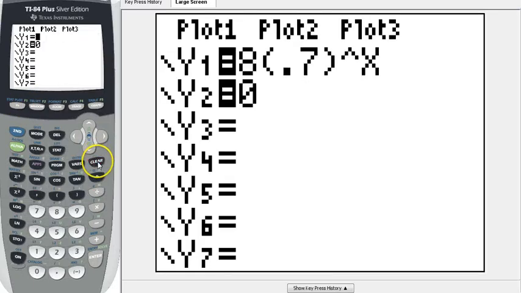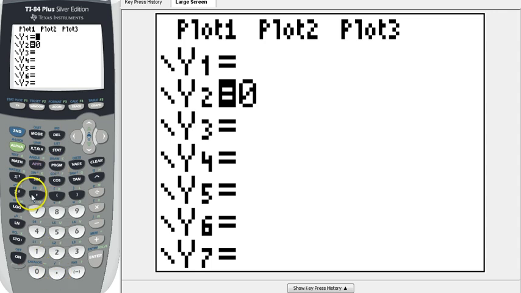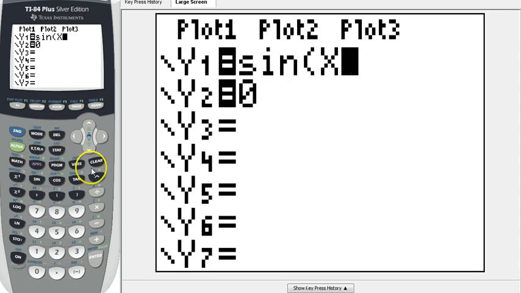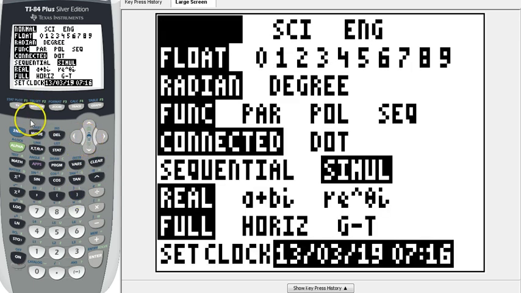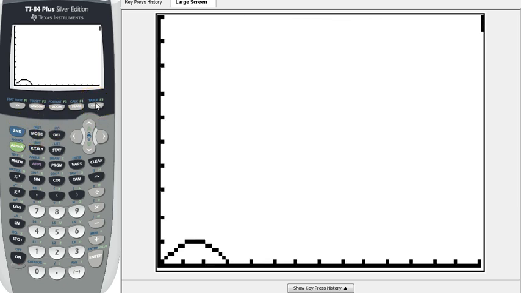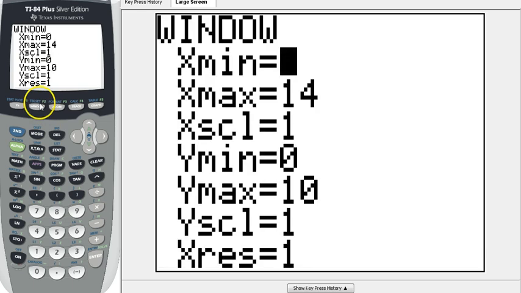We have y is equal to sine of x. And make sure a couple things. Make sure you're in radian mode. We are. I am at least. And then I'm just going to graph to see what, well, that didn't really work out because I'm in a weird mode right now. So here's what you can do. Let's set our window to what we know.